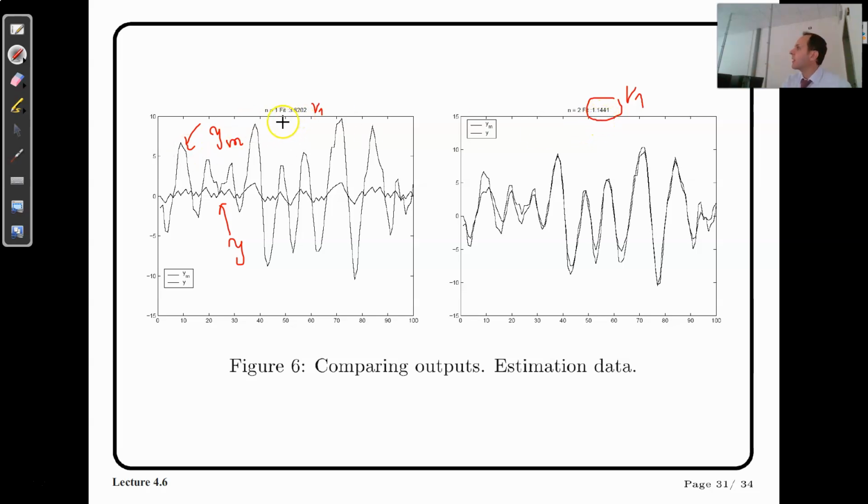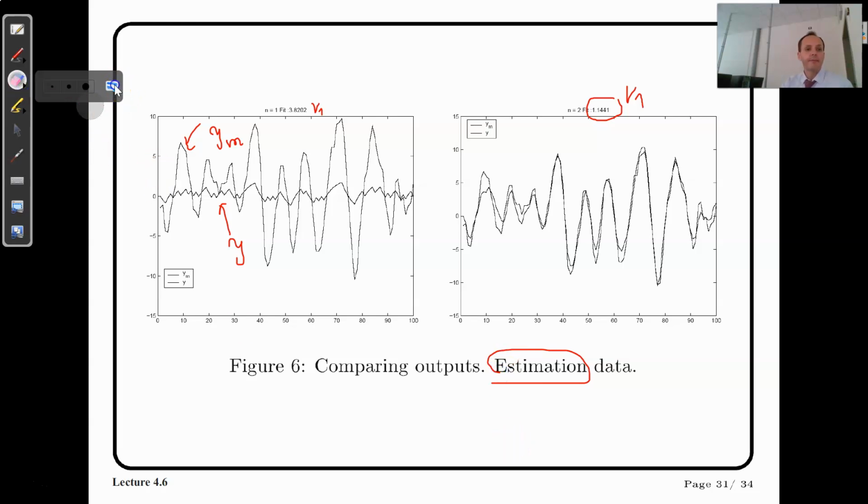So you have a very high decrease of your cost function. And of course, this is performed on the estimation data.